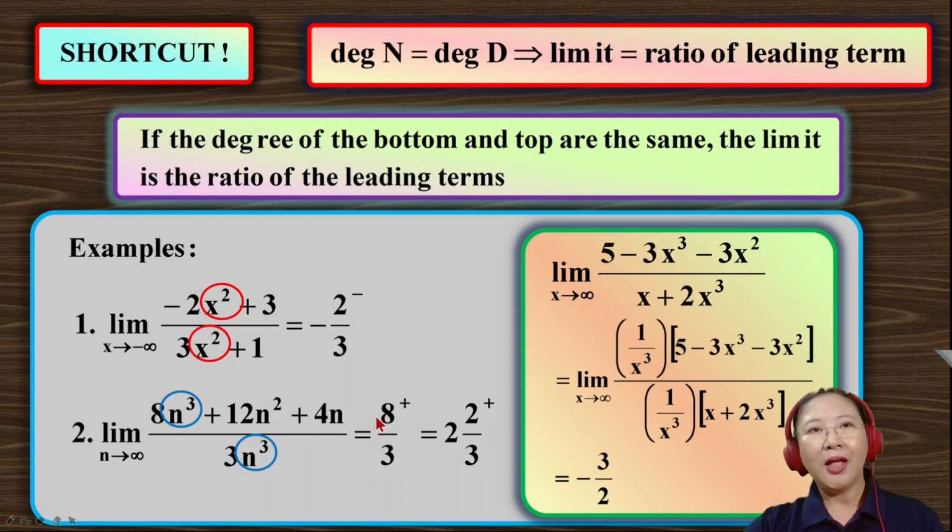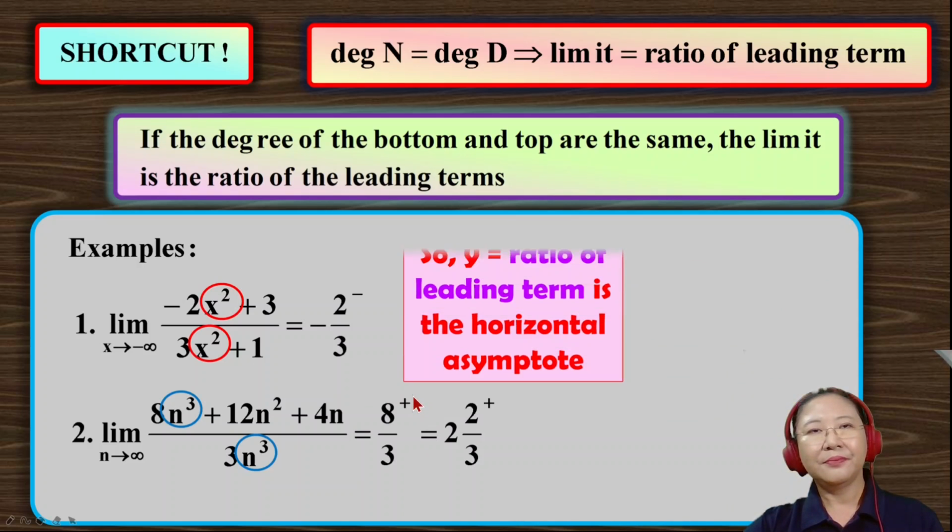So I put 8 over 3 plus. So I will say that y equals the ratio of leading terms is going to be the horizontal asymptote for these two cases.